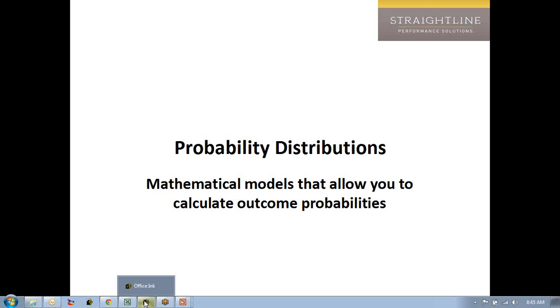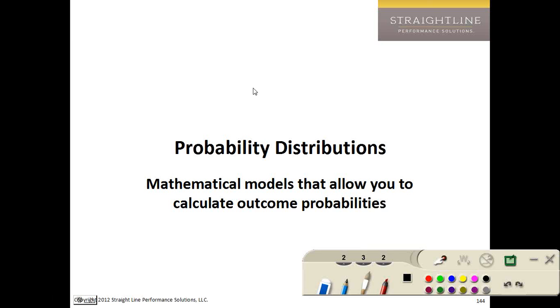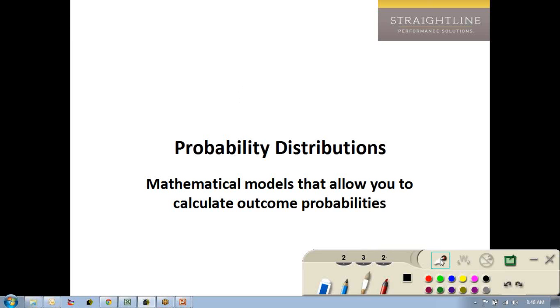Just to give you an idea of what we're talking about here, if we have a particular distribution, let's say we're looking at cycle times and we're trying to do the voice of the customer. Let's see if I can erase that. Hey, look at that, I did.